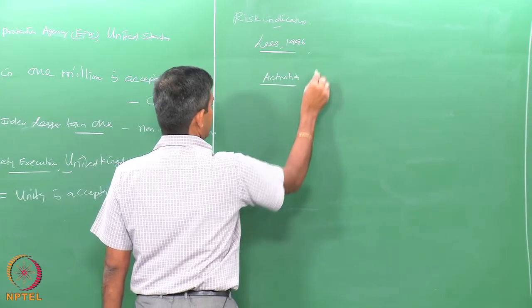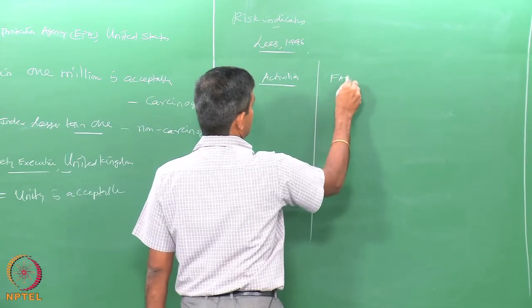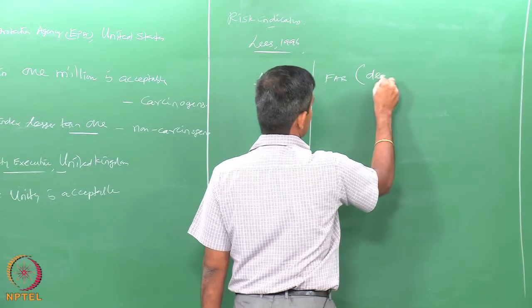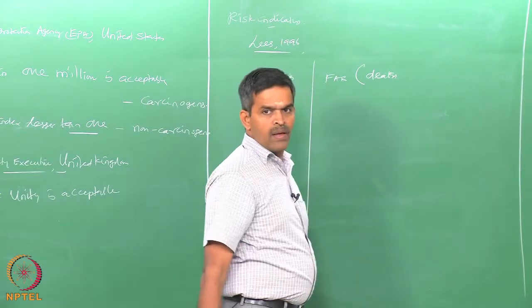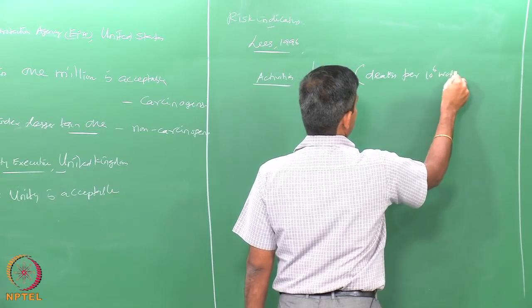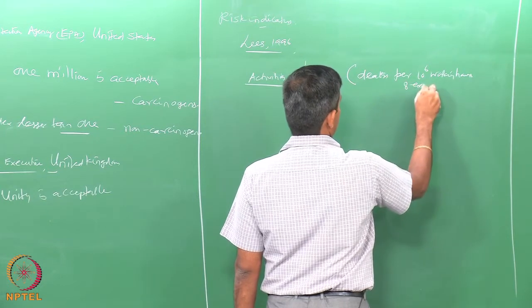Let us see what the activities are and what the FIR is, in terms of deaths per 10 power 6 working hours of exposure.